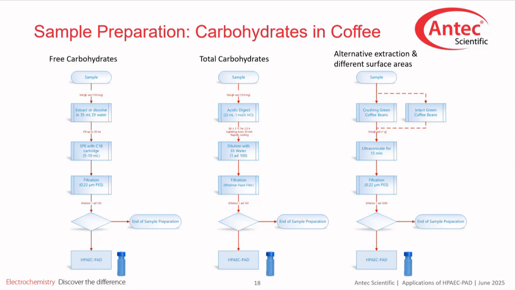To measure the total carbohydrates, we employ acidic digestion, followed by filtration and dilution. During application development, I even investigated alternative extraction methods, including processing intact or crushed coffee beans with ultrasonication. This highlights the importance of consistent sample preparation for quality results.